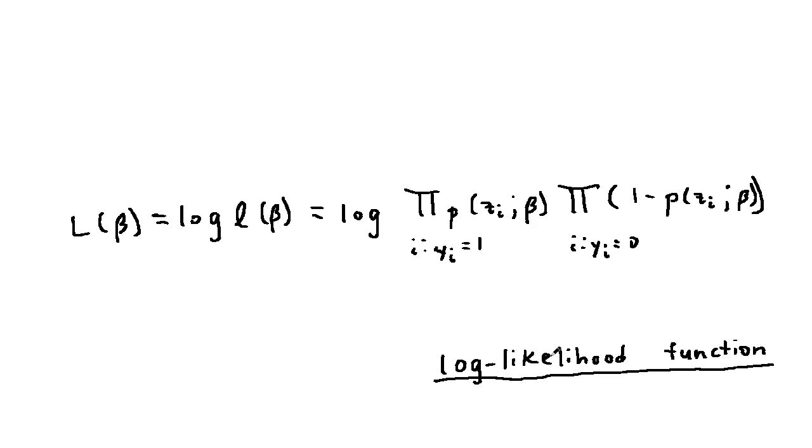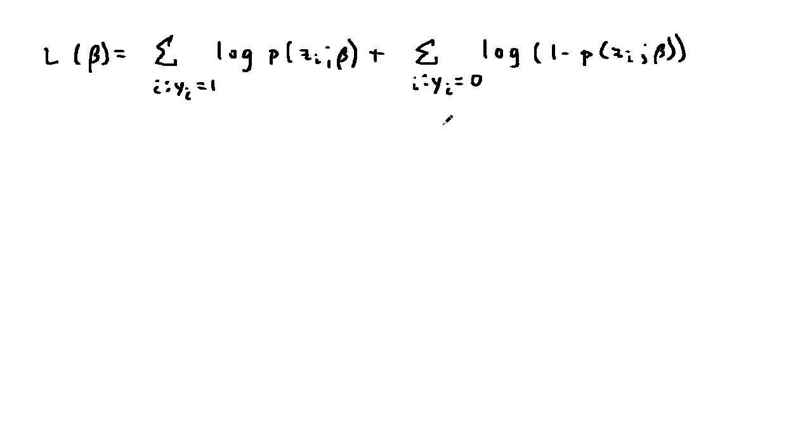We'll try to maximize the log likelihood function, capital L of beta. Note that L of beta is the sum of the log of p of zi plus the sum of the log of 1 minus p of zi. Okay, we just broke up the log of the product into a sum of logs.